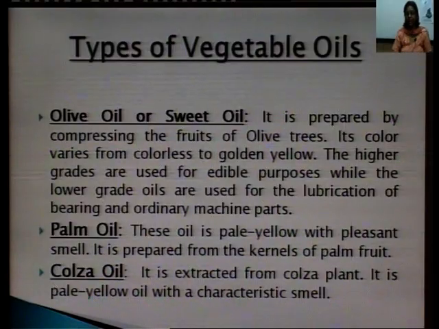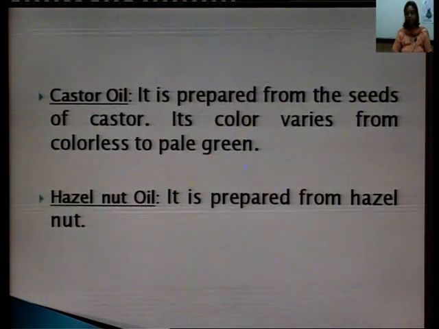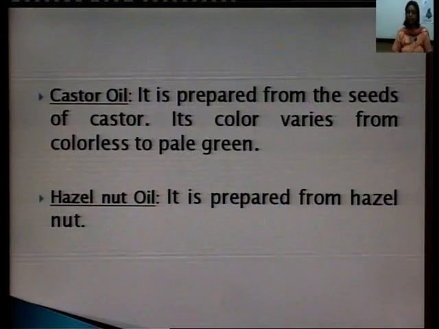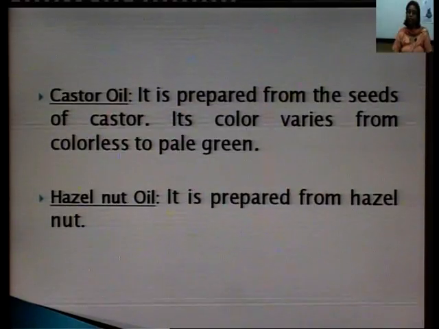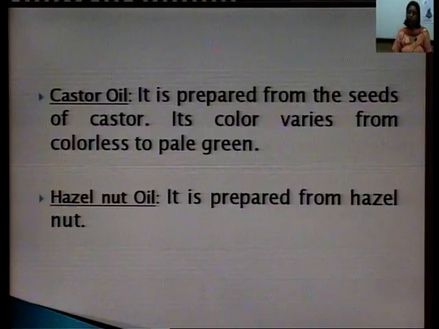Now, it is pale yellow oil with a characteristic smell. Next is castor oil. It is prepared from the seed of the castor. Now, its color varies from colorless to pale green. Next is hazelnut oil. It is prepared from the hazelnut.